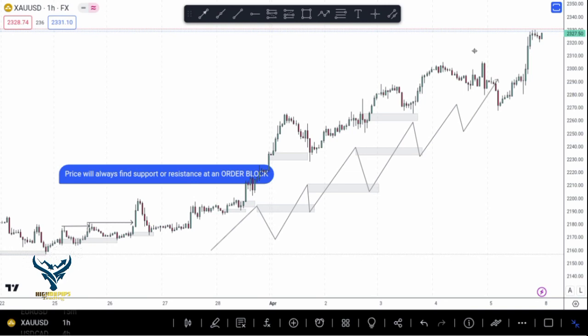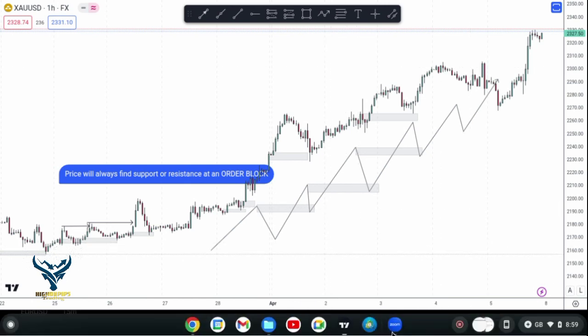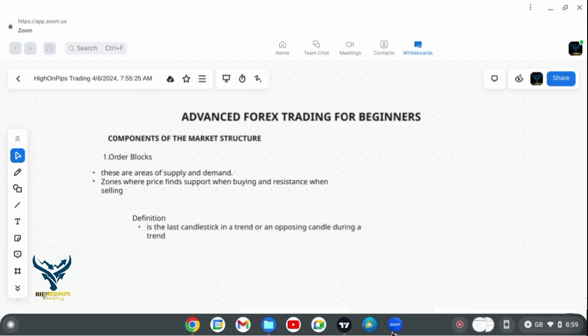Now, this is one component of the market structure. So if you have any questions, feel free to drop them in the comment section. I'll go through the comments and I'll also see how best I can try to deliver these things to you so that you can understand.